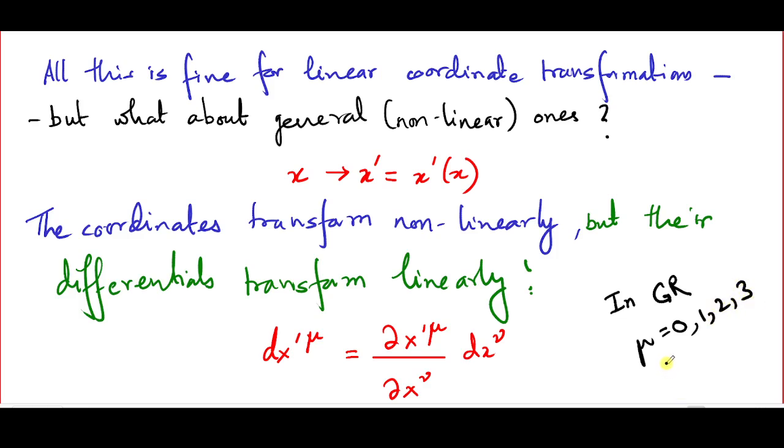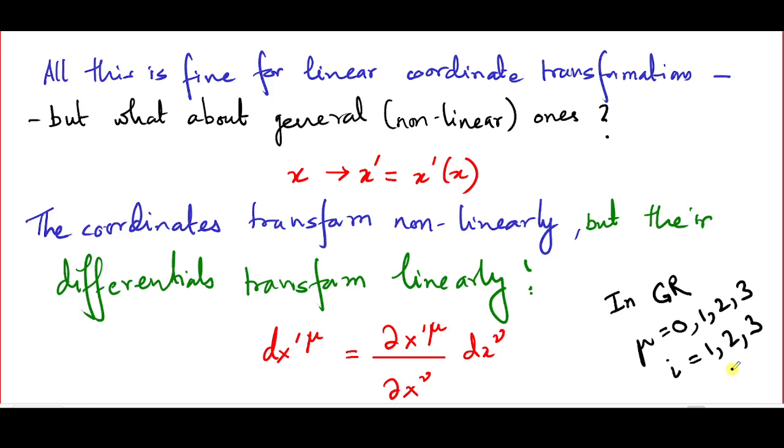However, again, this is a convention in general relativity that when we want to refer to the spatial components only, like in the case of coordinates, we don't want to refer to the time but only to the spatial coordinates, then we use an index which runs over 1, 2 and 3 only, and these indices are typically taken as Latin indices.